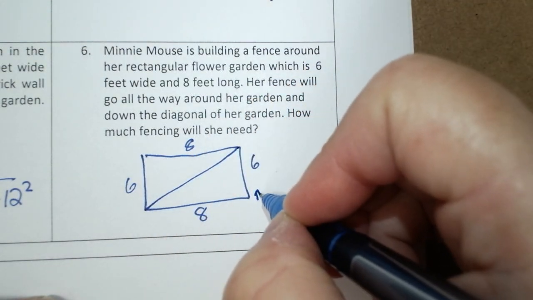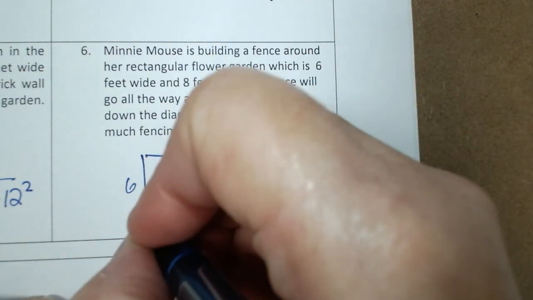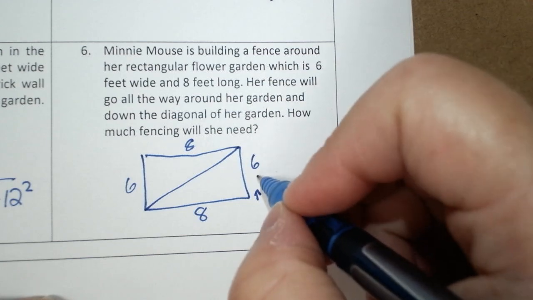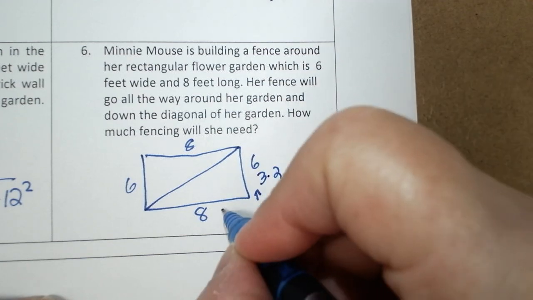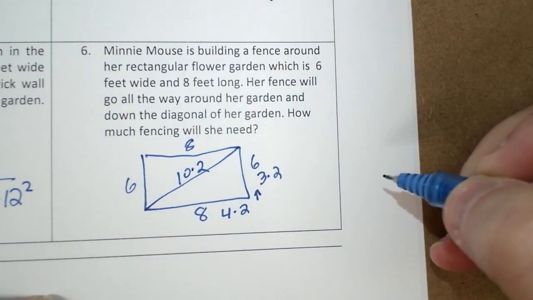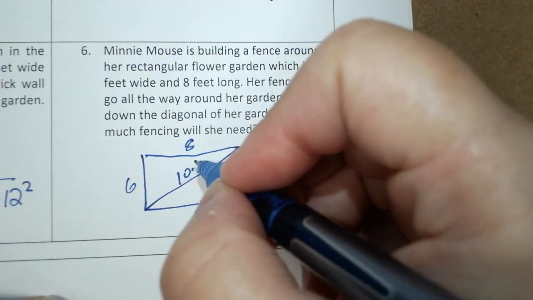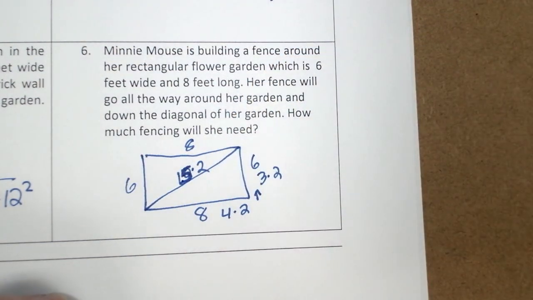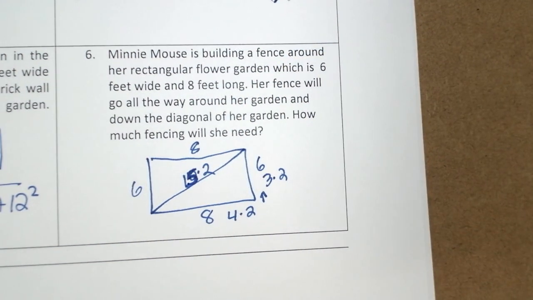So I start here and I build and build and build. If you see this is 3 times 2, 4 times 2, then this is 5 times 2. My brain got ahead of me. Let me wipe that out and make it a little neater.